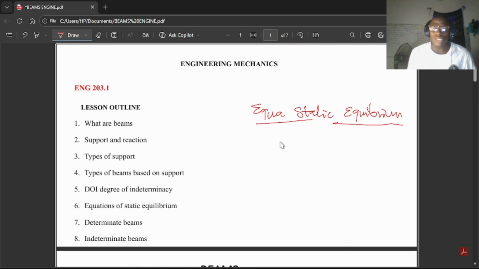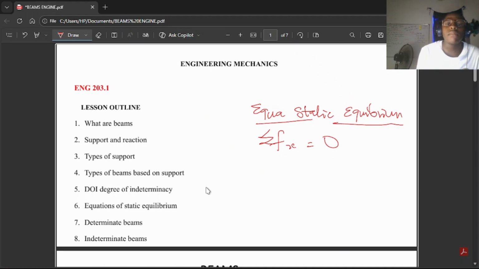Now, the first one is what we call all forces moving along the horizontal is zero. Forces moving along the horizontal is zero. So basically, we represent it as sigma F of x is equal to zero.